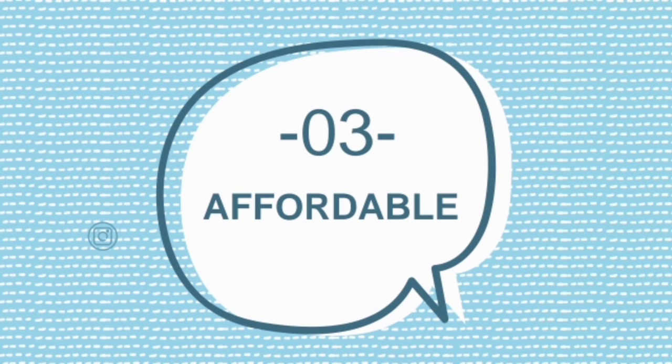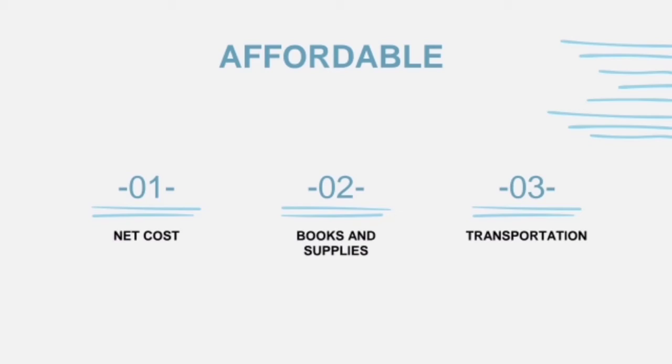Then the last benefit of online learning is affordable. It means that the online learning model costs less than other learning models in the teaching and learning process. Affordable means three points. First is net cost, second is books and supplies, third is transportation.